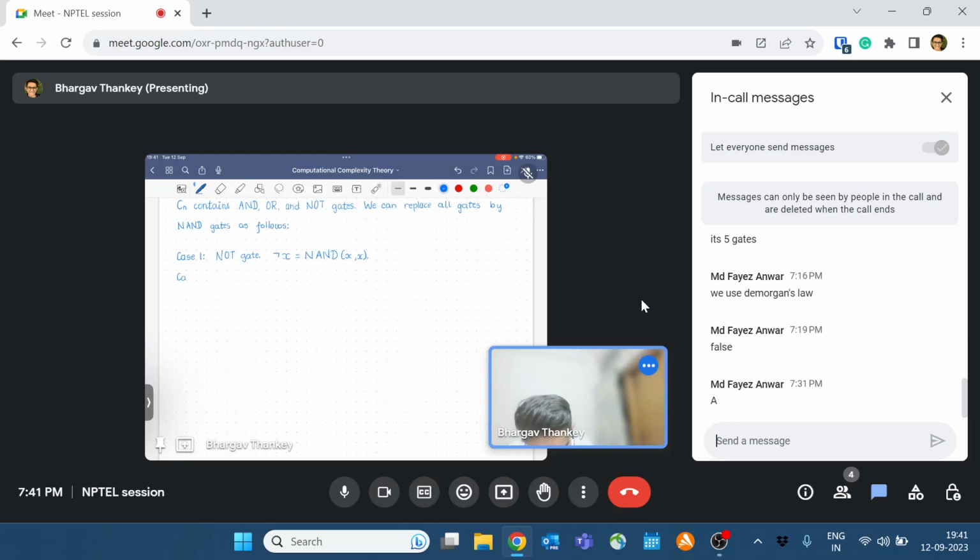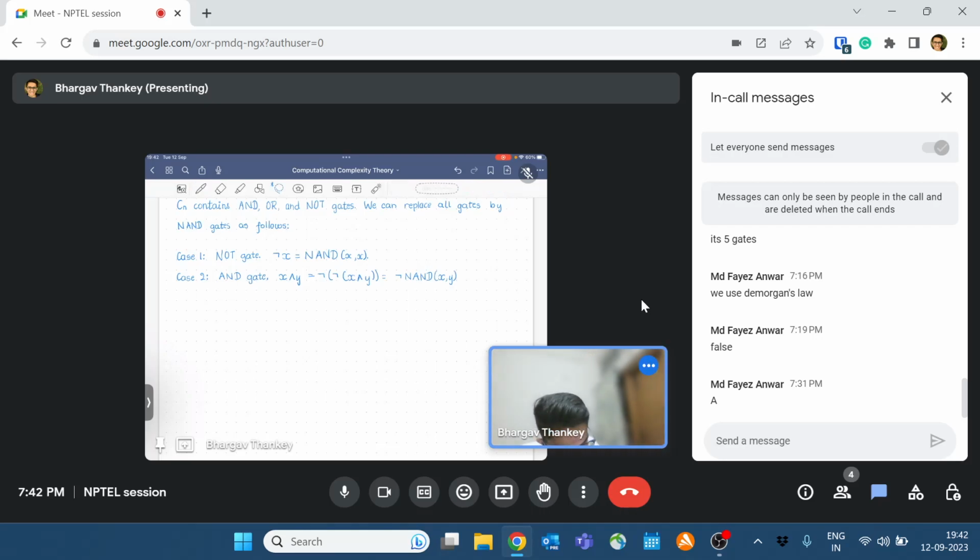Case 2, AND gate. X AND Y is the negation of the negation of X AND Y. And what is the negation of X AND Y? It's just NAND.